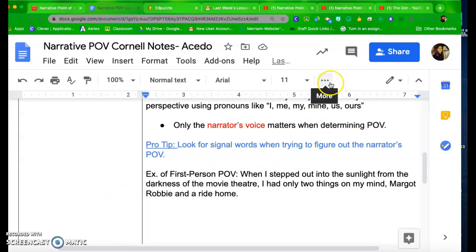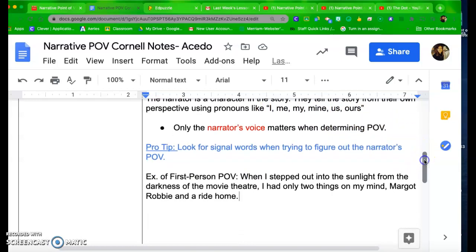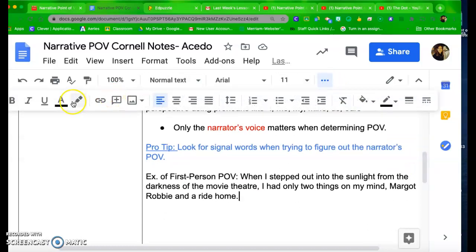Okay, so how do we know that this is first-person point of view? Do we see any pronouns like I, me, my, mine, us, or ours? Let me go ahead and see if I can highlight in yellow any pronouns or signal words of first-person pronouns.